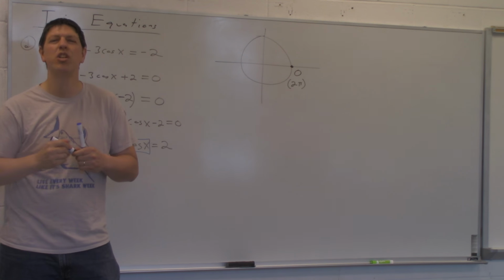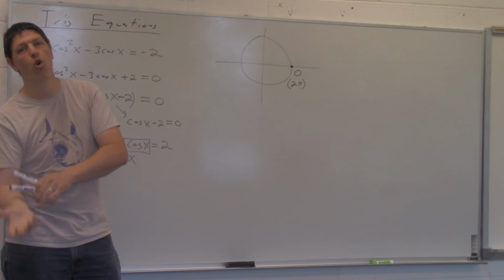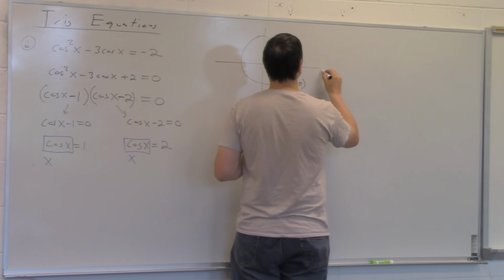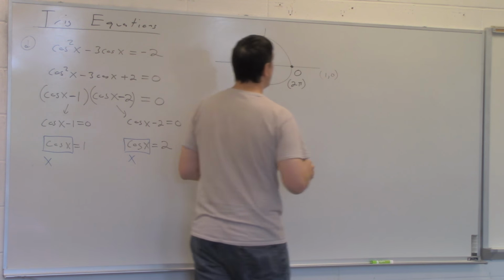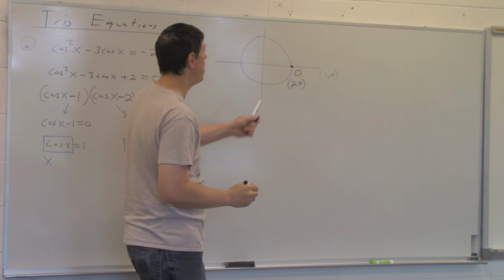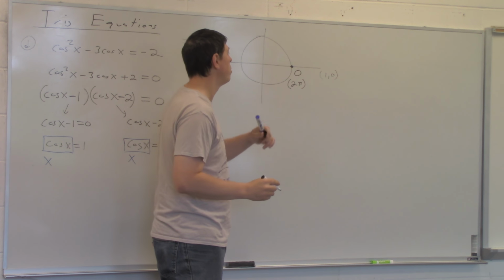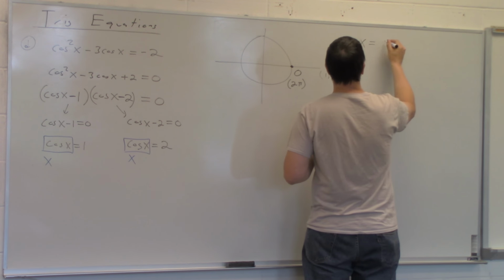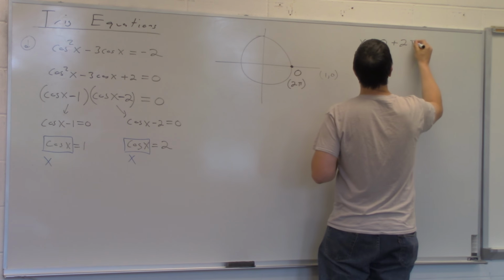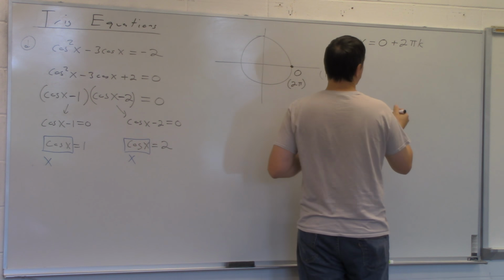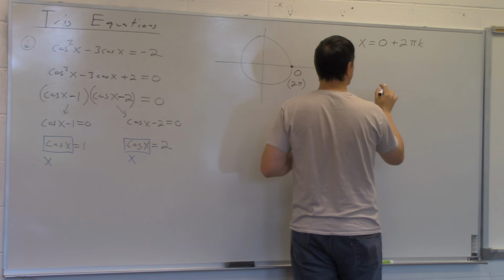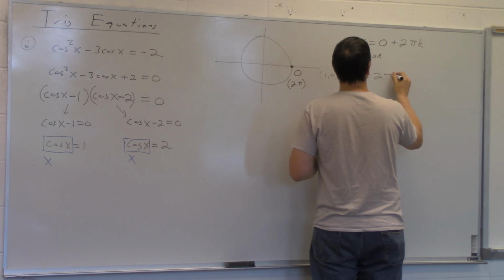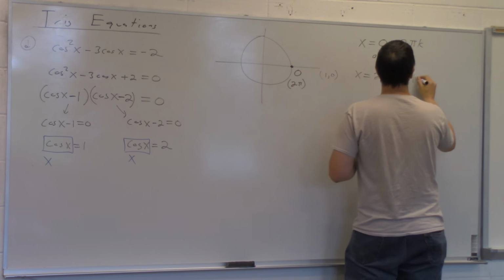So if you said 0 and 2 pi, you're not wrong, but it's just not as simple as you could make it. At 0, this is the point (1, 0). So one solution that we could put in there is just 0 plus 2 pi k, which is really just the same thing as 2 pi k, isn't it? Or x is 2 pi k, where k is an integer.